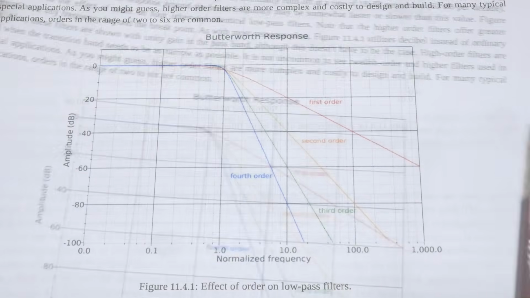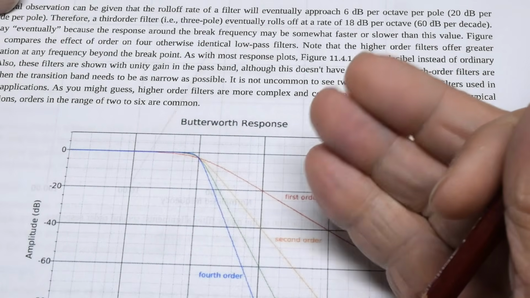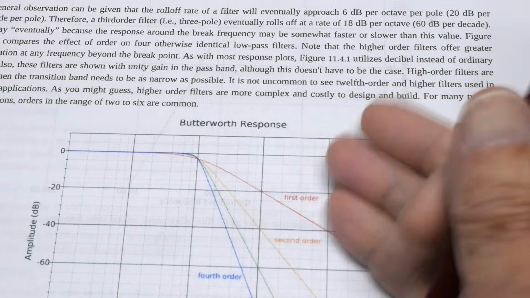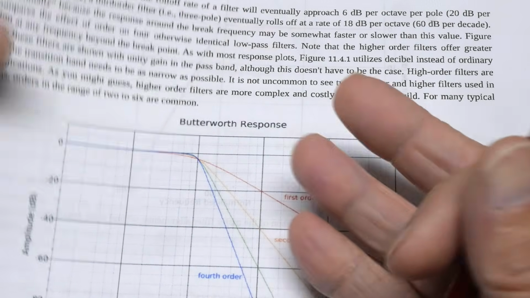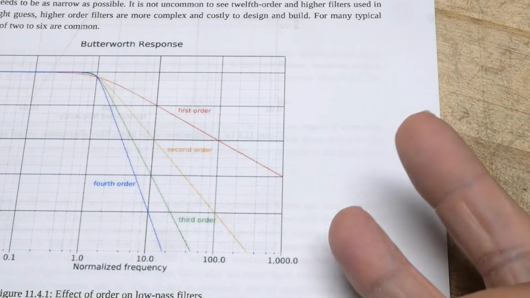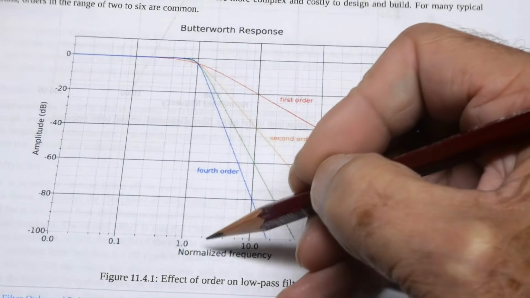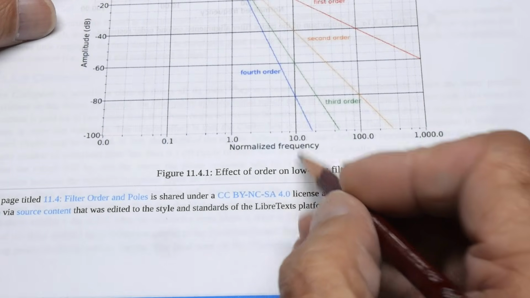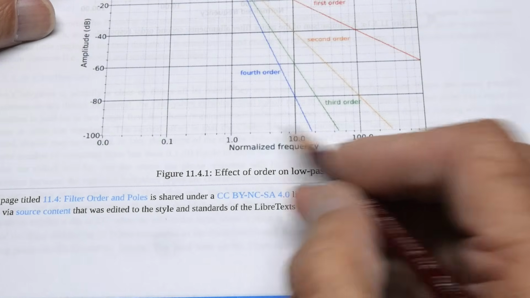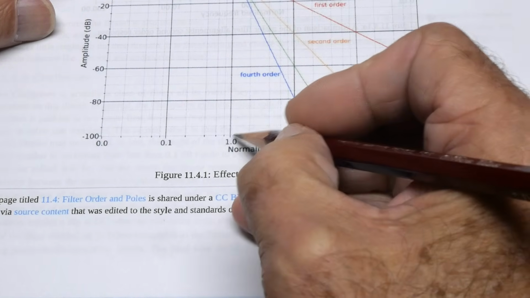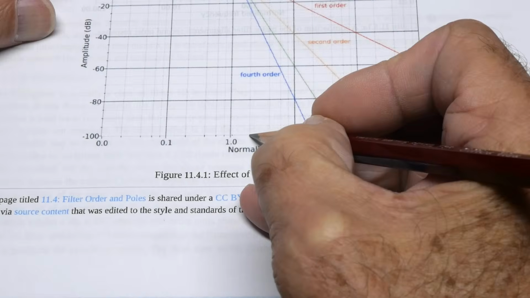Okay. I should mention you'll also see dB per octave, instead of dB per decade. What is an octave? An octave is just the power of 2. It's just double the frequency. So if this is 10 times, that's a decade, and here's 1, here's 2.